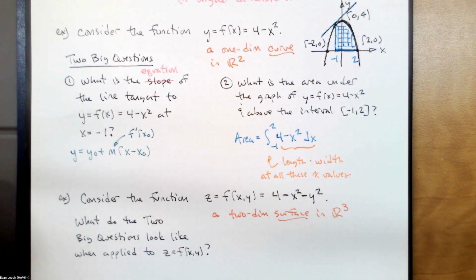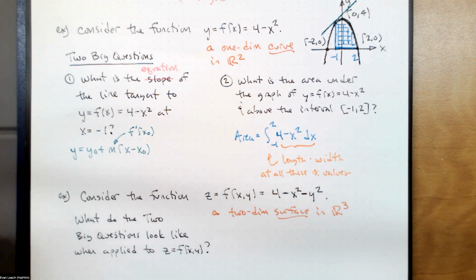I want you to think about what the two big questions look like when we apply them to this function of two variables. How can we modify the two big questions? Remember, this is Calc 3. The calculus thinking is still the same. We're just modifying the function.